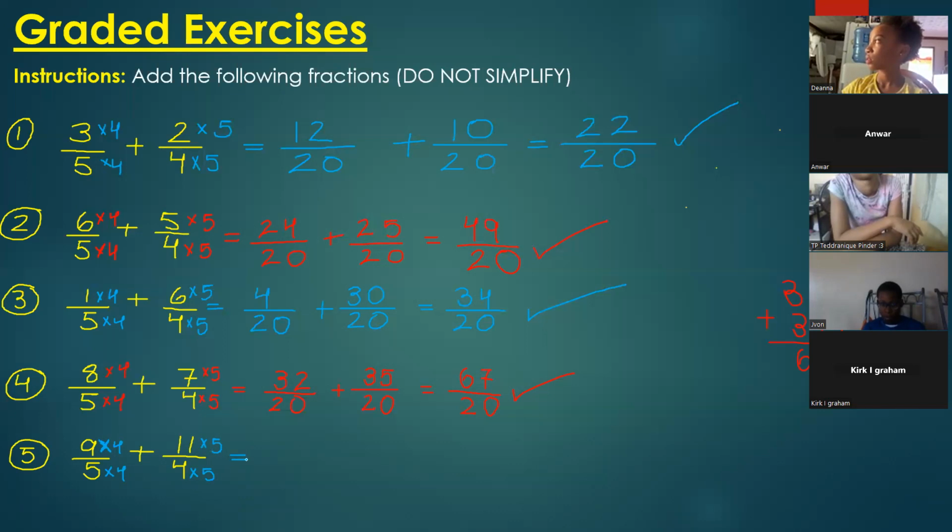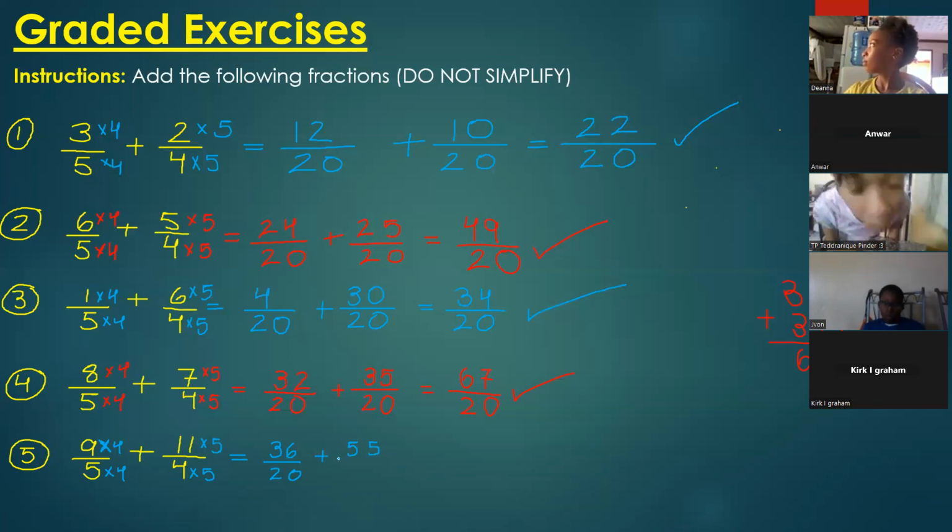And 9 times 4 is 36 over 20. Very good. Plus 55 over 20. Good.